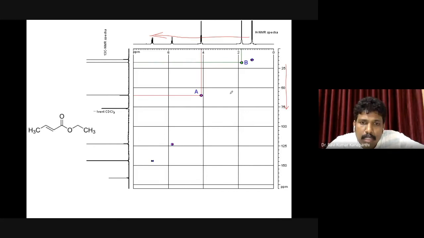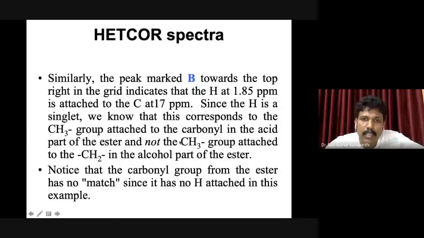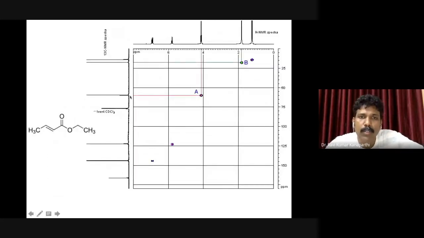A very interesting point that we can get is that the connectivity is very useful. You can see here there is one peak. So this carbon is connected with this one, and this carbon is connected with this one. So this peak, you draw the horizontal and vertical line and see at the intersection, if there is a peak, then we say both are connected.